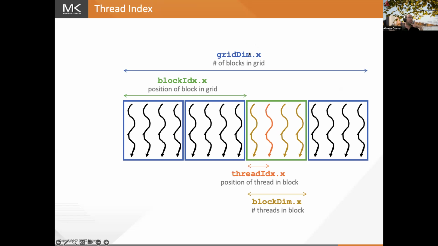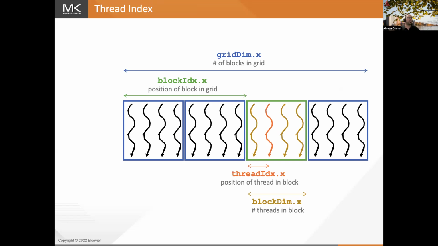So you have the grid dim, which gives you the number of blocks in the grid. You have the block index, which gives you the index, for example, in this case, the index of the block along the x direction. Then you have the thread ID along the x direction and the block dimension, which is the number of threads along the x direction.